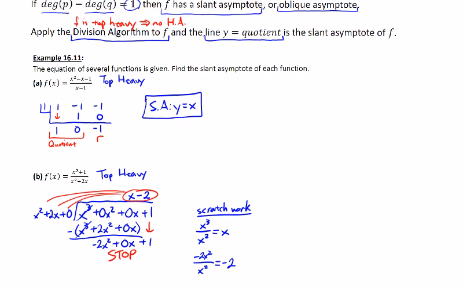Then we used it for the factor theorem. And now we're using it for finding a slant asymptote. And the only part of this whole division process that we really care about is the quotient. I don't need the remainder. That's something that I need for the factor theorem. That's not what I'm doing here. So all I need is to now write down that the slant asymptote is at y equals x minus 2. And that gives me the slant asymptote for this function.